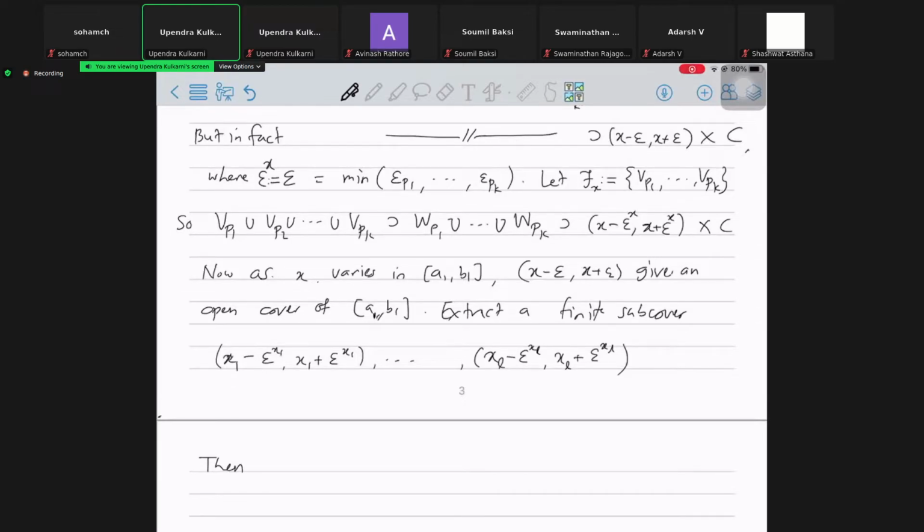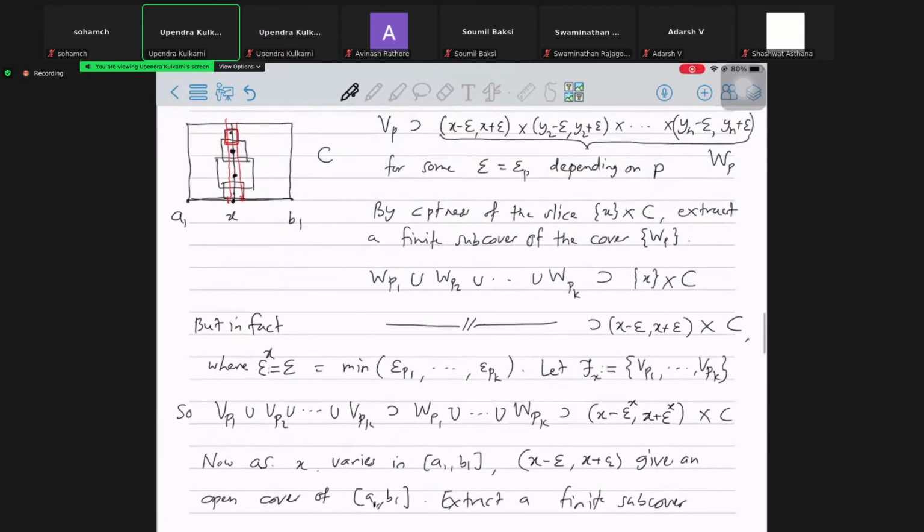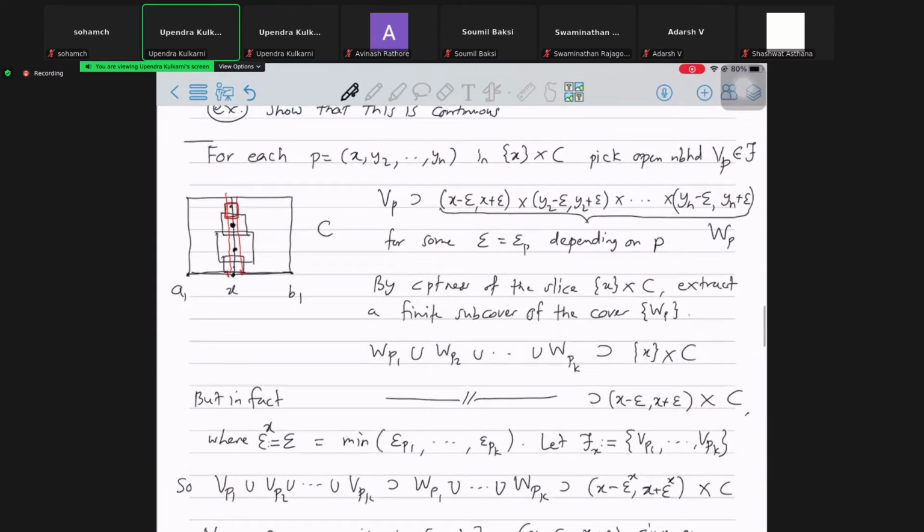Can you finish the proof now? I'm sorry that the notation has become a little hairy. The idea is quite simple using these tubes, but there is no way around the fact that you have to give names to many things. So to recap and to finish, what did I do? For each point X, I found a finite subcover of a tube around X, consisting of some bunch of V's, right?